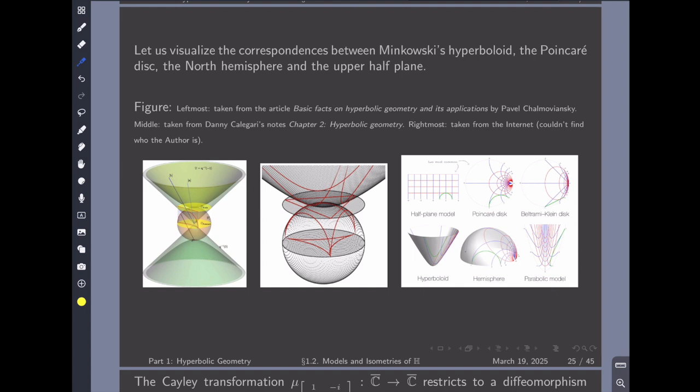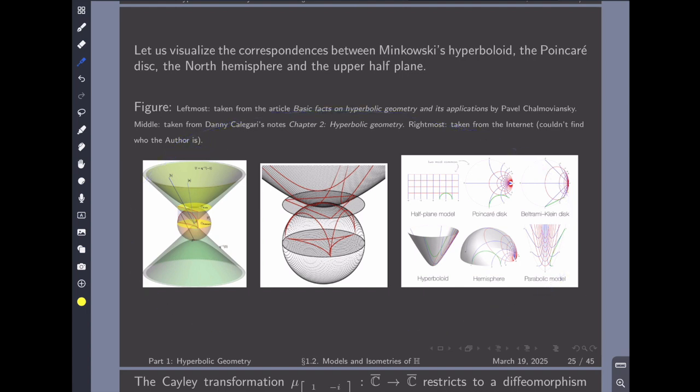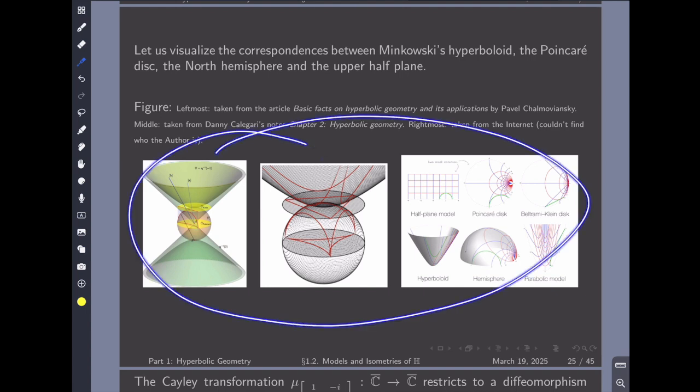It would be nice to visualize the path between U and the disk, and there is a way, and these pictures contain a way of visualizing the path between the disk and U. I'm not going to try to do it live because then I'm going to fail. This picture contains the information.